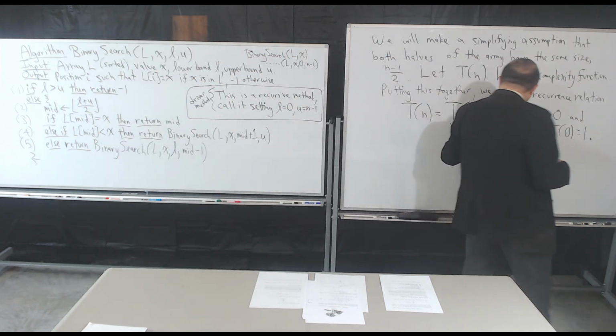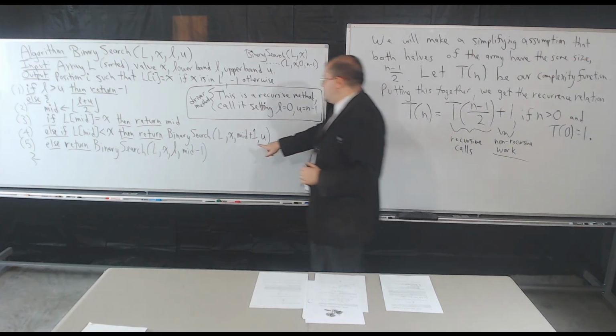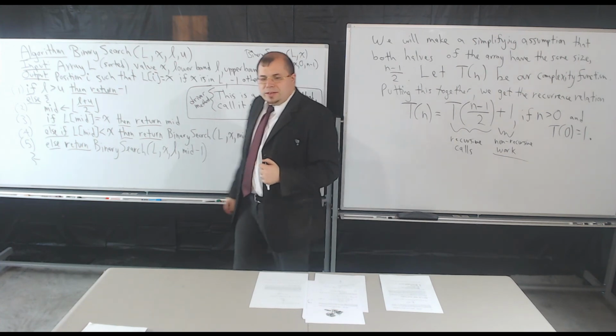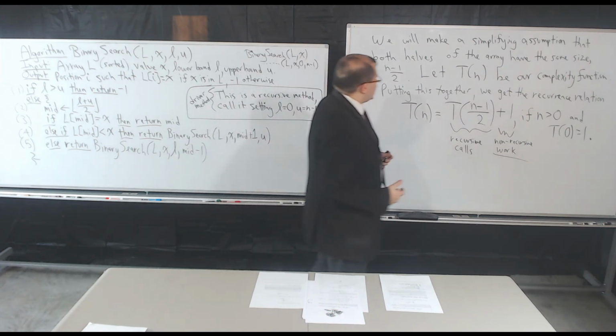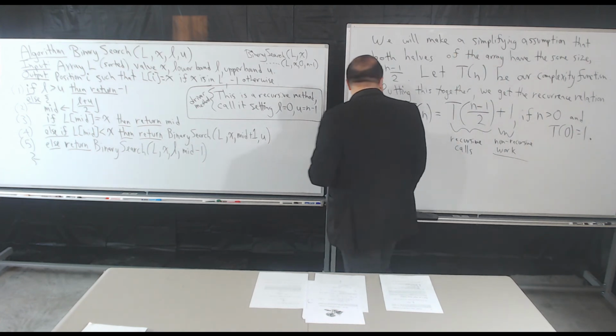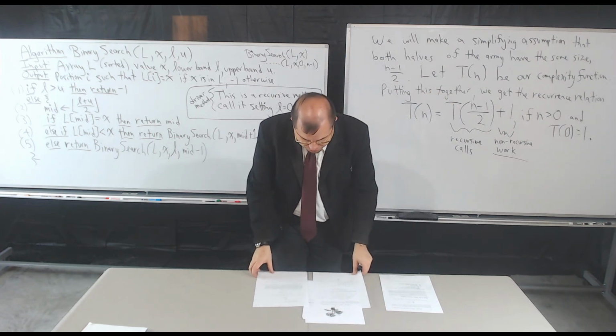And that's what this recursive work is representing. This is that recursive call right here. So I'm just looking at this range. How long is this? Well, it's based on the relationship between u and lowercase l, or fancy l. Okay?